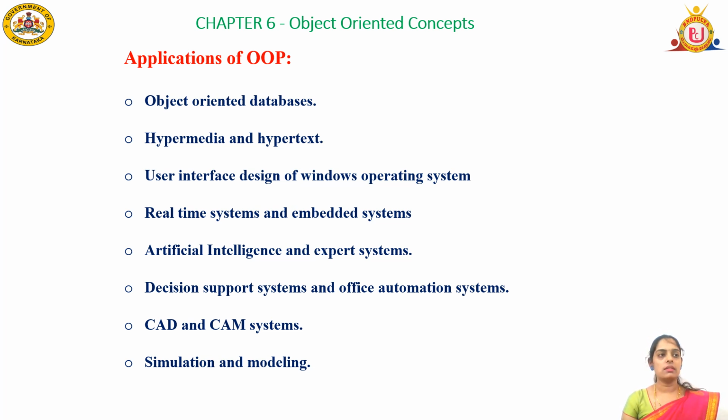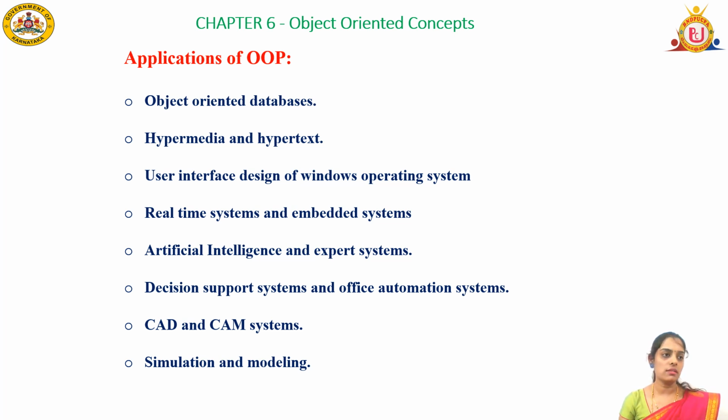Next one is CAD and CAM systems. CAD stands for computer aided designing and CAM stands for computer aided manufacturing. CAD and CAM are basically used to design as well as manufacture products.